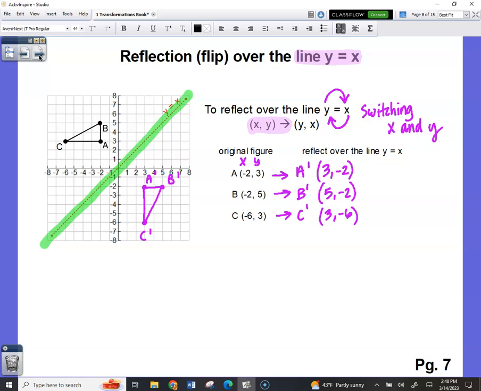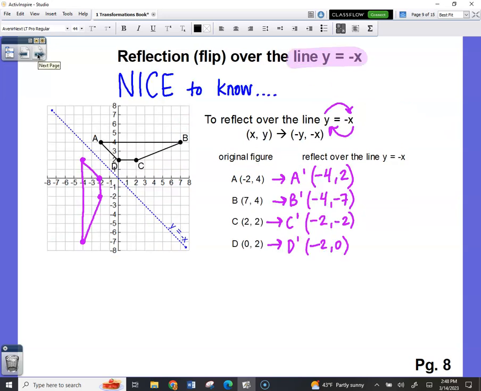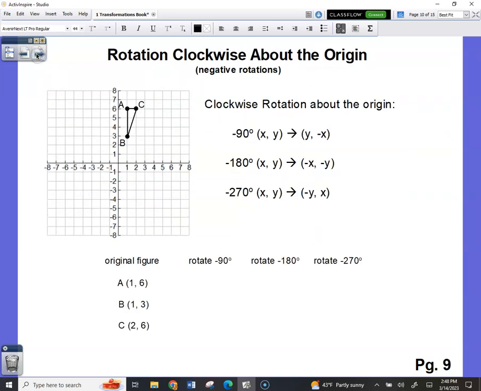So you're just switching them, which means you need to know the coordinate points of the pre-image. Then you switch them, and then you graph the new image. Okay? And the last reflection in your book we said was a nice to know, but not a must know. Now we're looking at rotations. Okay?